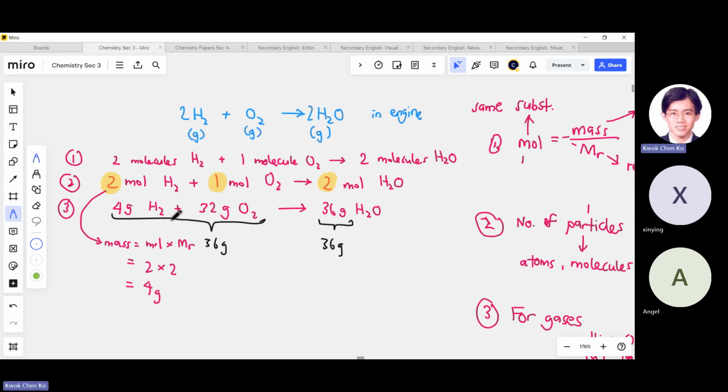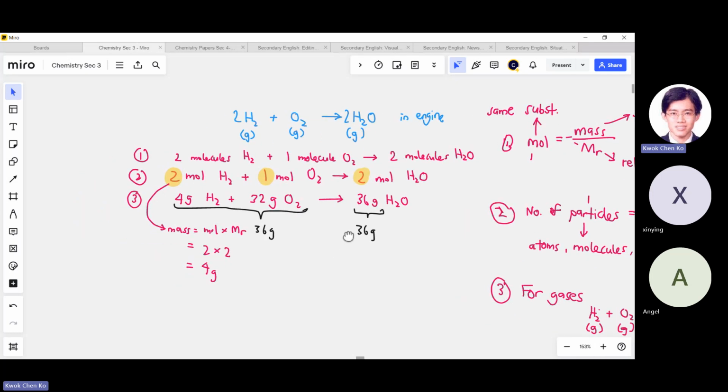But look at the mass, so unwieldy. 4 grams plus 32 grams gives you 36 grams. It's so difficult to express this. That's why they use number of moles, because the number of moles is exactly the coefficients in the equation. That's why it's a lot more convenient to use moles.